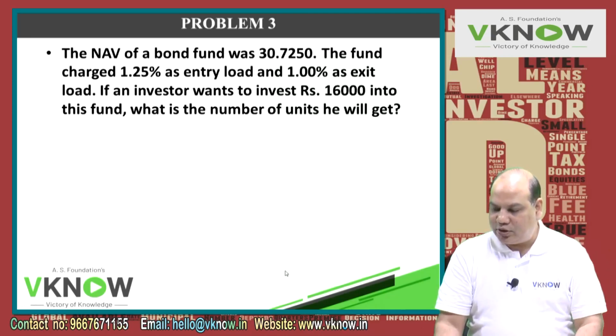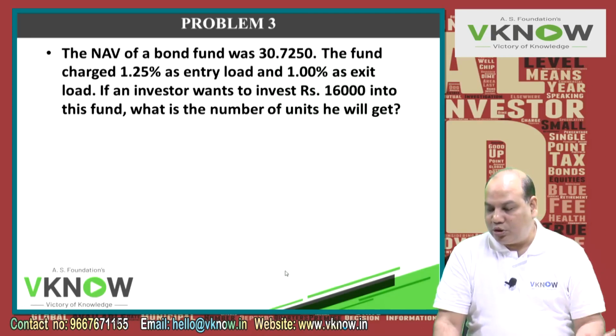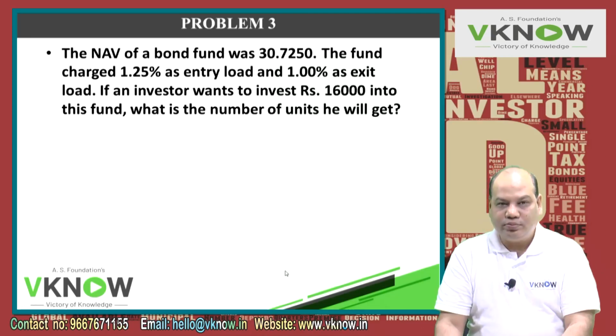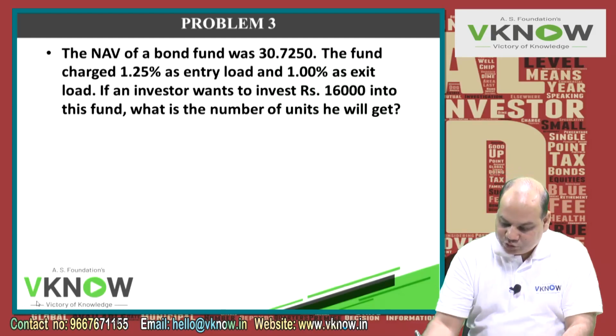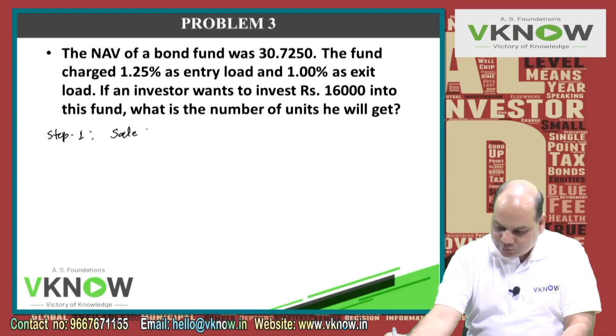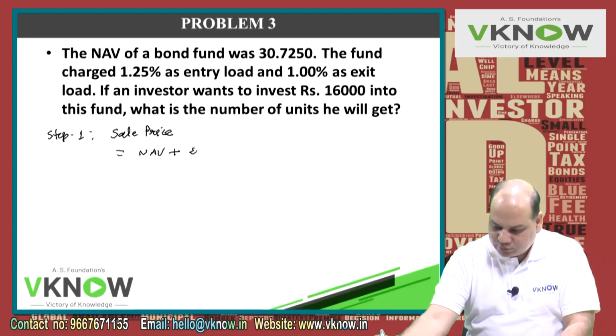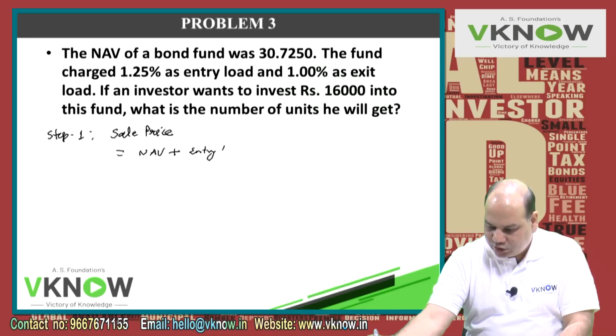First we'll have to check whether I need sell price or repurchase price. If the investor wants to invest, the mutual fund will sell units to him. Mutual fund will apply selling price. So this question will have 2 steps. Step 1, first we need to find sell price. Sell price will be NAV plus entry load.